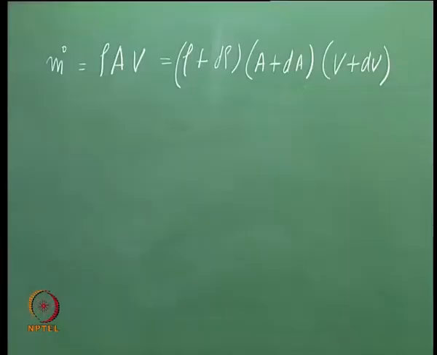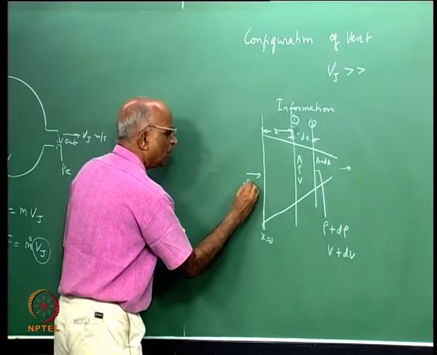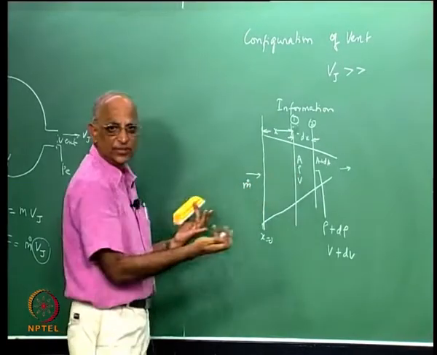Since the flow is steady, the same mass flow rate flows through this section and this section.